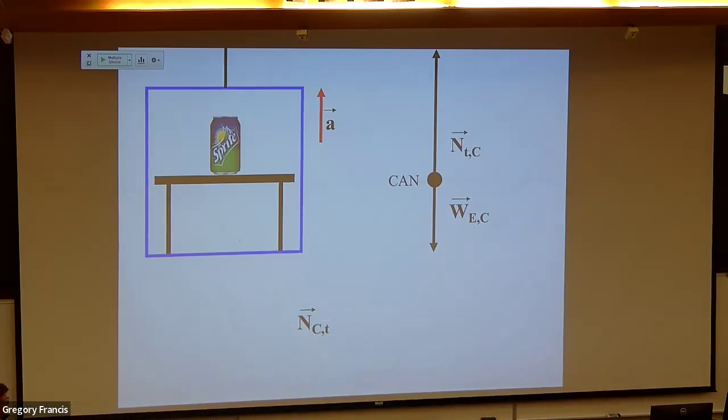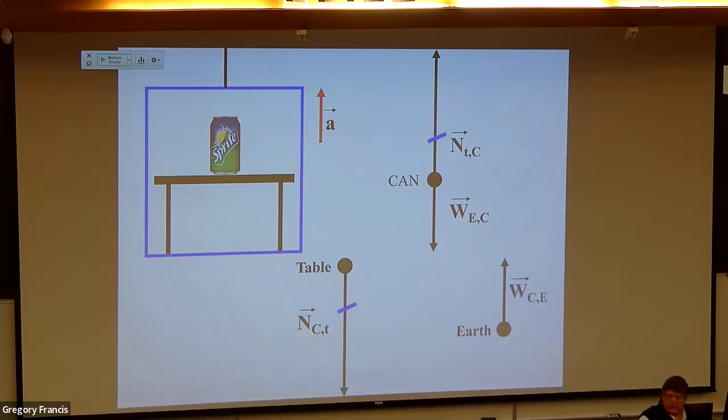On the table. It's always the last indices. See, this is on the can, on the can. This would be, oh, that sounds bad. I'm sorry. This is on the table. So I would put tick marks there to indicate that those are third law companions, always equal and opposite.